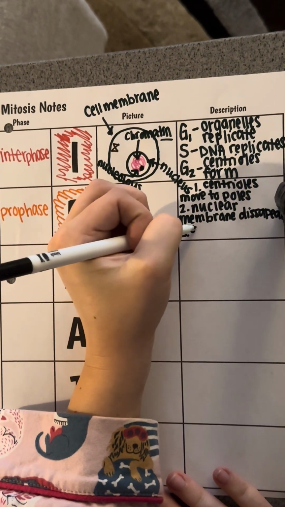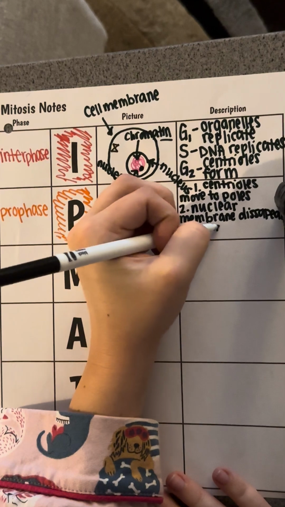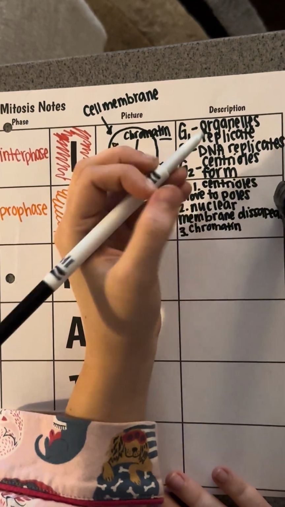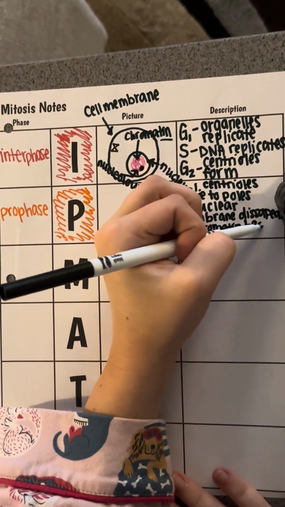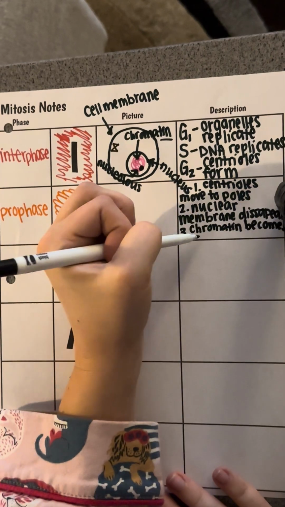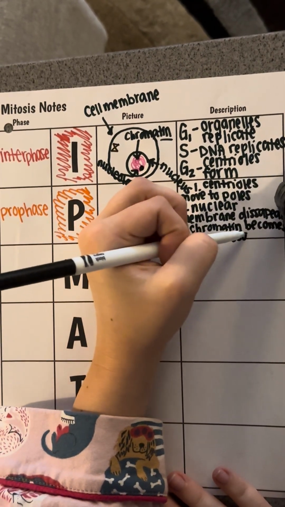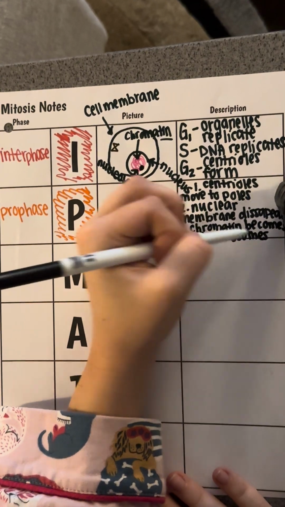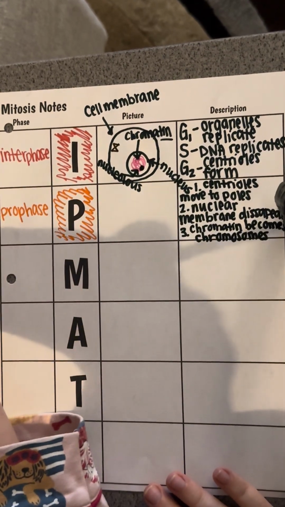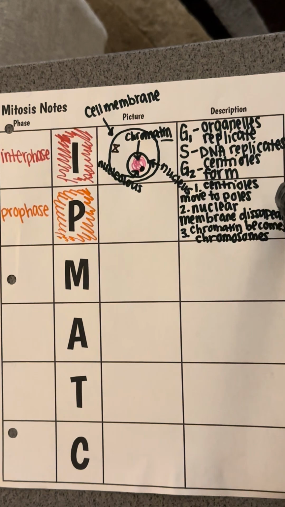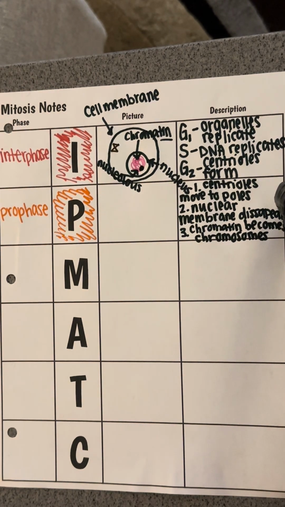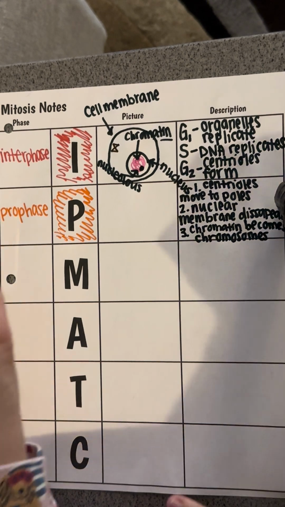And then number 3, the chromatin becomes chromosomes. You should have more room because you will not be doing this in marker. You're just going to be doing this in pen and pencil. If it's hard to read, go ahead, rewind this video or zoom in.